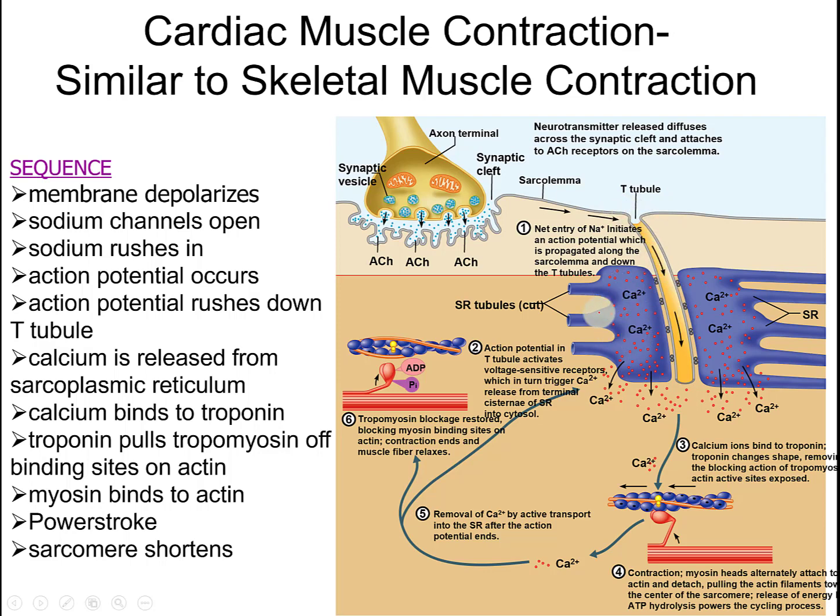It triggers the terminal cisternae to release calcium. Calcium binds to troponin, which pulls tropomyosin off the binding sites, and the thick filament can bind and do its power stroke. And then the sarcomere shortens, and eventually the whole muscle cell shortens. So again, I just put this here as a quick reminder, but if this doesn't make sense, you should go back and look at that muscle chapter.